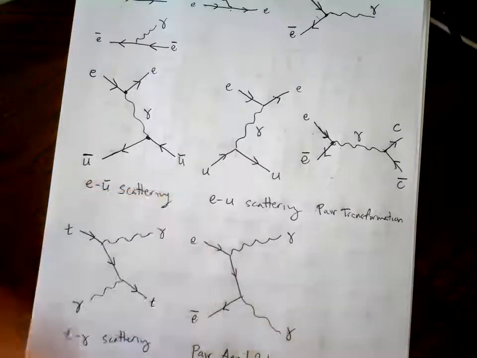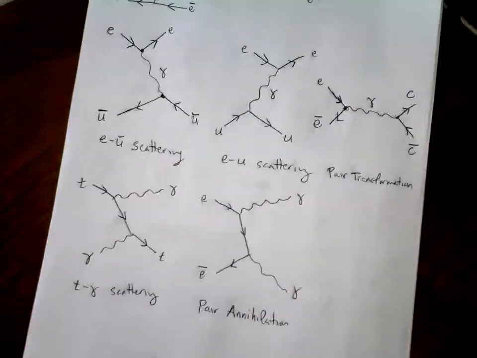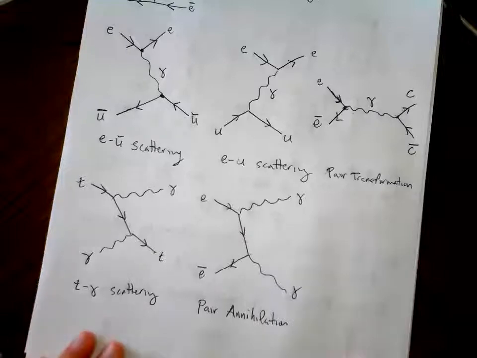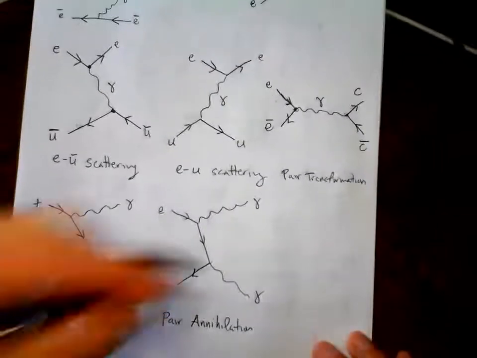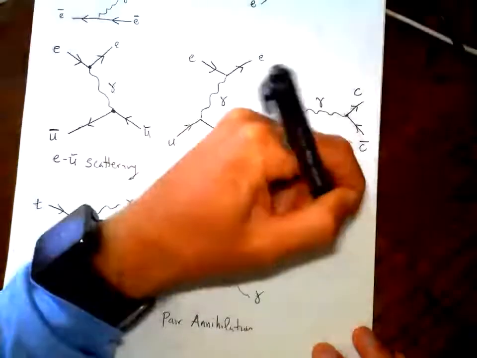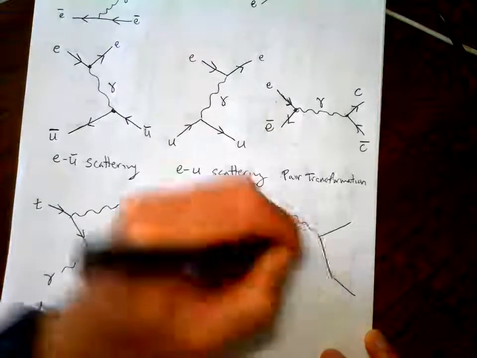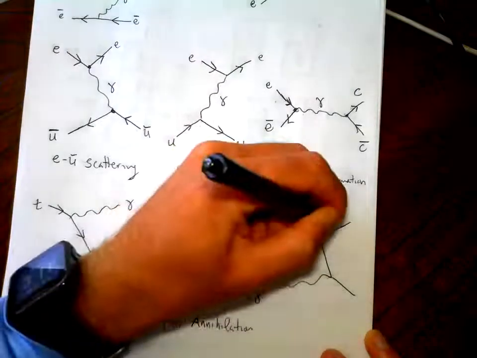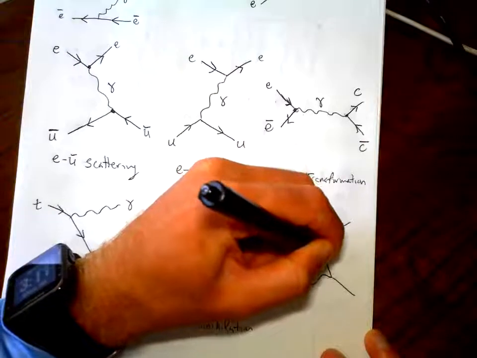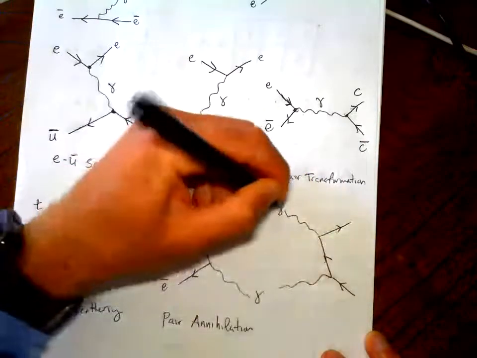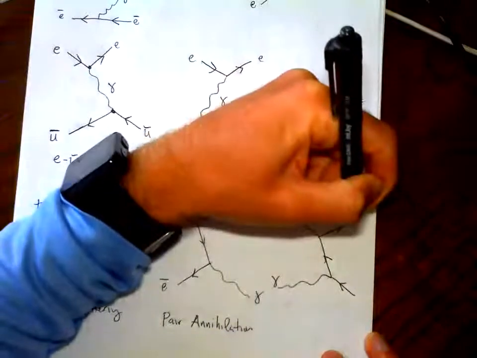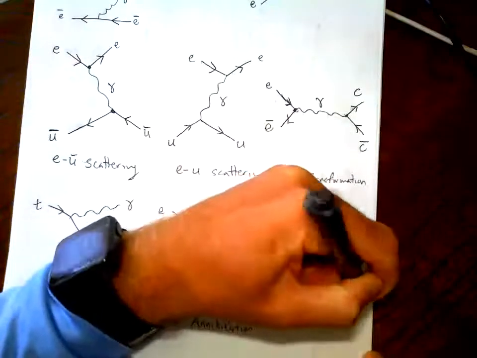And in pair annihilation, you basically have particles becoming pure energy. But it still obeys all of the rules of Feynman diagrams. And so we could also draw this going the other direction, like that.